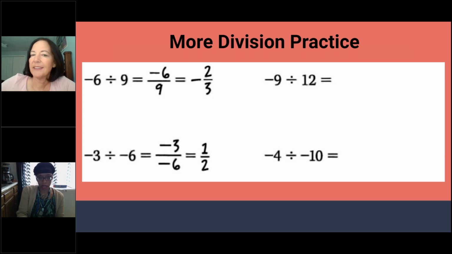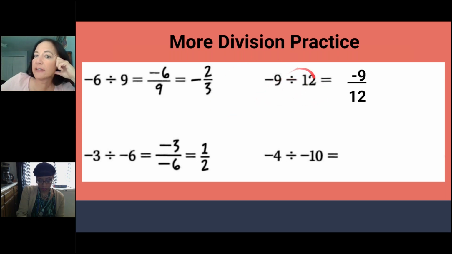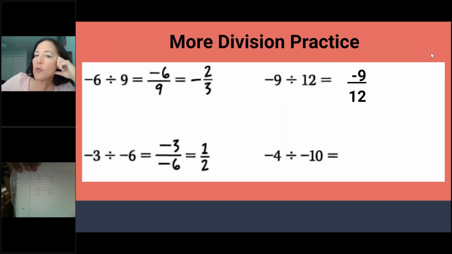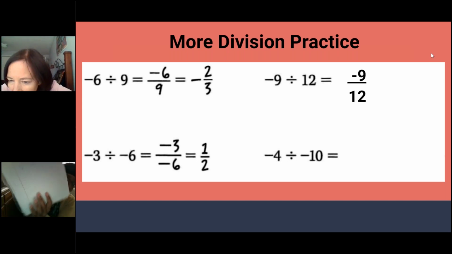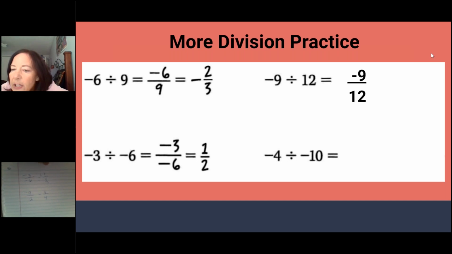It could be reduced again. Actually, hold up a second. We would just rewrite the exact problem, negative 9 over a positive 12. So I think, Lana, oh, wait, Lana, hold it up again so I can look at it. Yeah, that looks about right. Hmm. Let me see. What have you got?